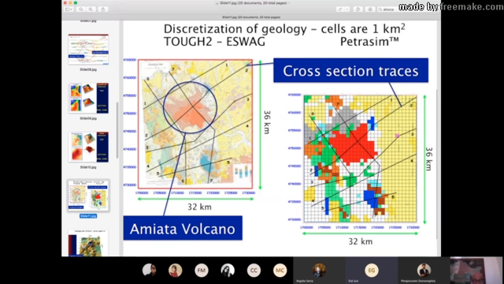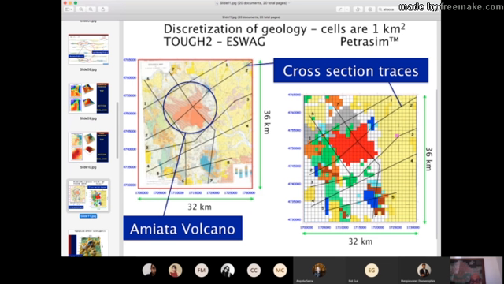So on the left-hand side, you see the geologic map we saw this morning with all the geological cross-sections. And on the right-hand side, you see your geologic model. Each grid block is 500 meters in size, so the grid block cells are sufficiently large.